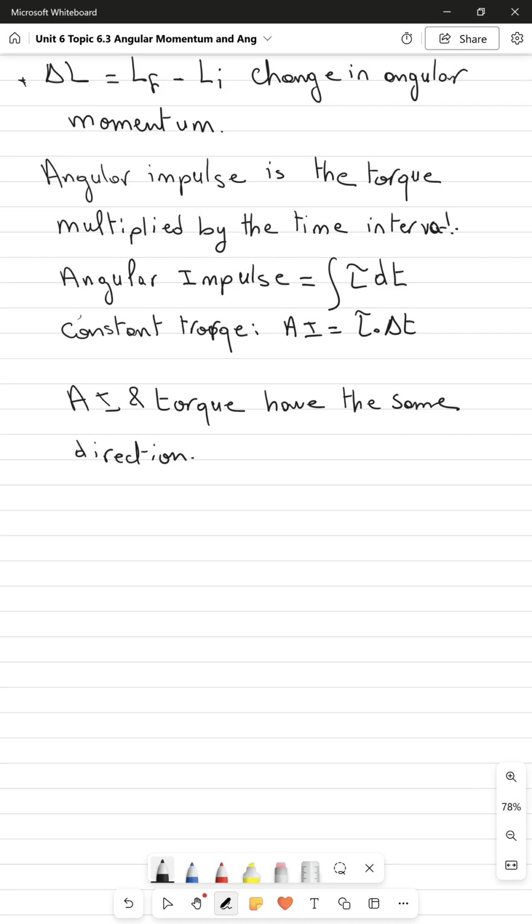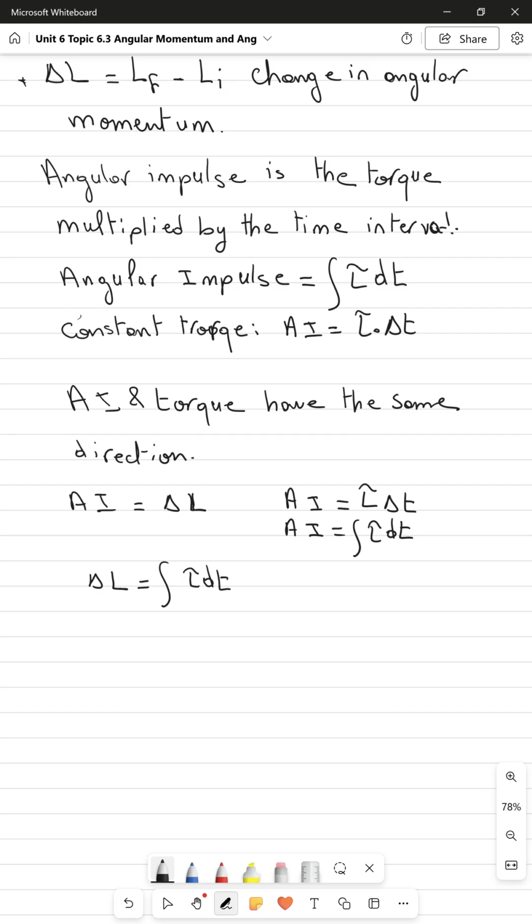Okay, from this, we can say that angular impulse, as we did for unit 4, is equal to the change in angular momentum, and we said that angular impulse is equal to the torque times dt, or the integral of the torque dt. From those, we can find that the change in angular momentum is equal to the integral of torque dt for varying torque, or for constant torque, delta L is equal to the torque times the change in time.